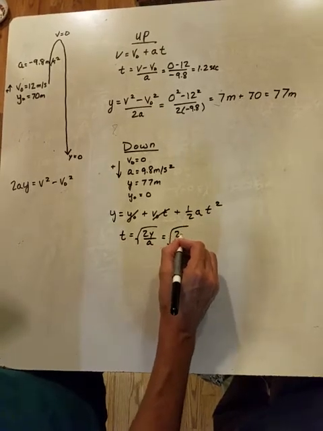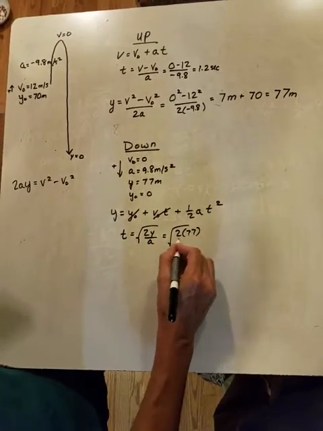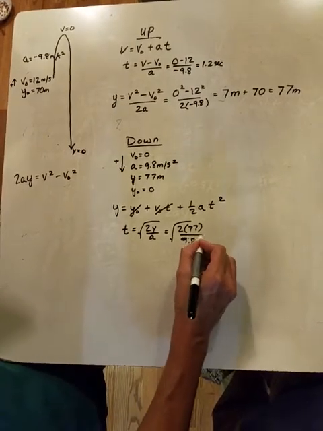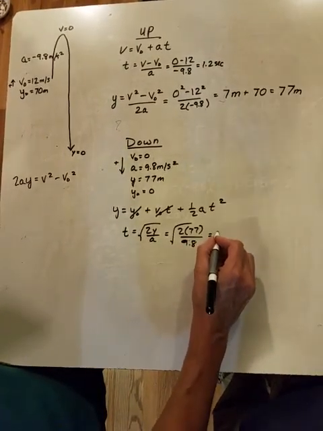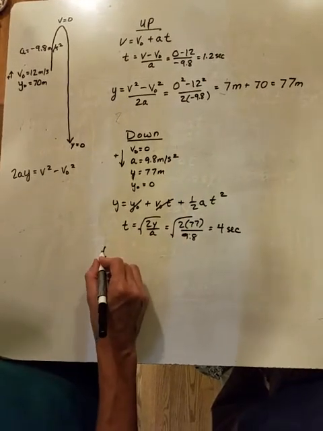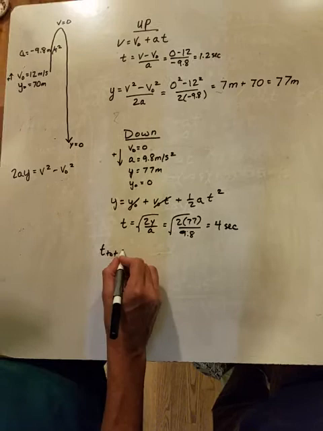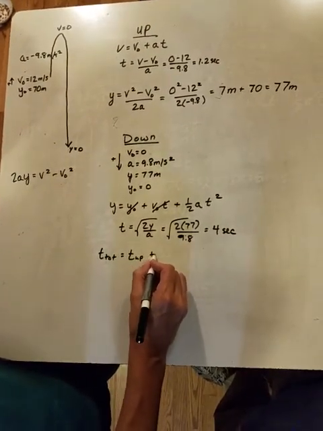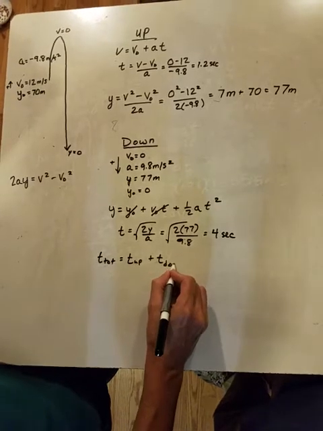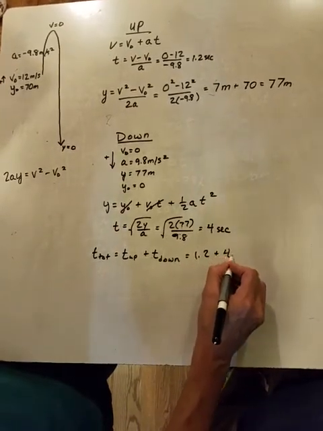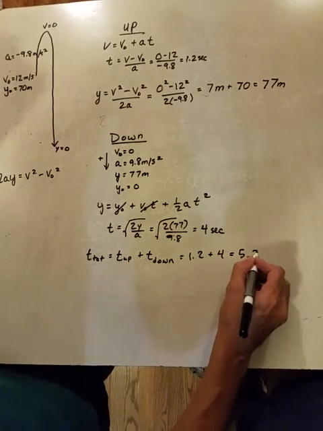That gives us 2 times 77 divided by 9.8, and that's going to give us a time of 4 seconds. To get the total time then, which is what they asked us to find, that's going to be the t up plus the t down, which is equal to 1.2 plus 4, which is 5.2 seconds.